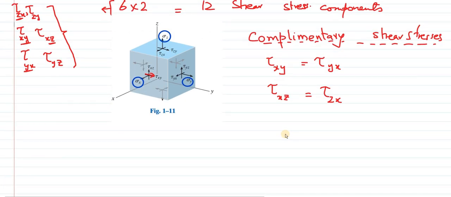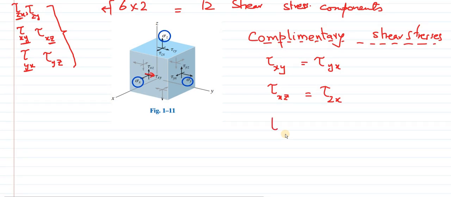And finally, we know that tau yz is complementary to tau zy. Tau yz is over here, and this is tau zy, complementary to tau yz. You can go back to your lecture notes and see the topic where we discussed the proof that complementary shear stresses are equal, when we were discussing shear stresses in beams. You must find this discussion in your notes.